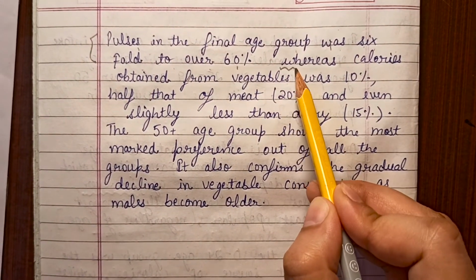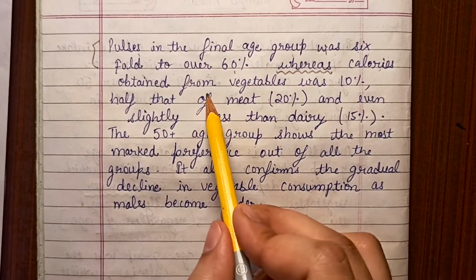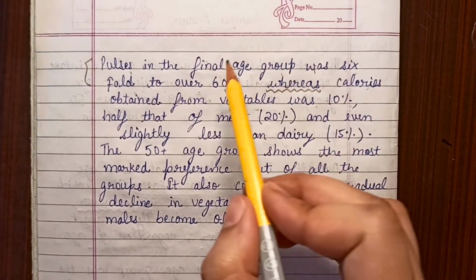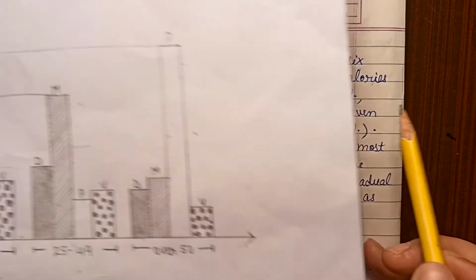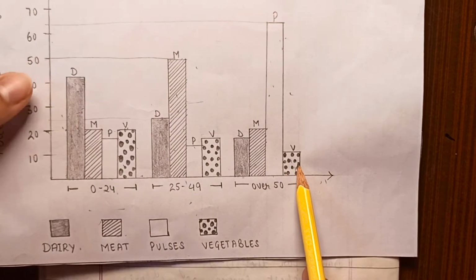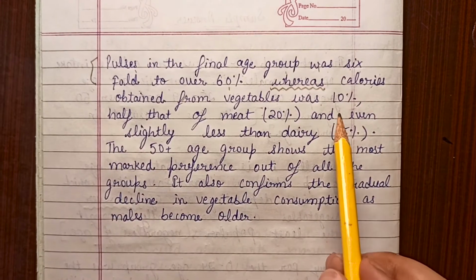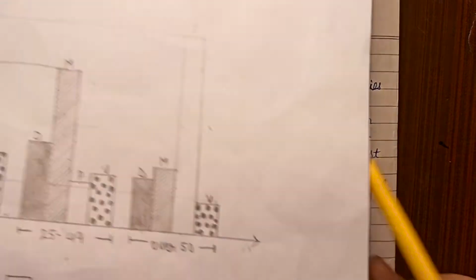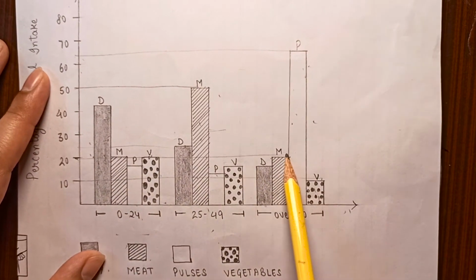Whereas, this is the connector of comparison, calories obtained from vegetables was 10%. What it means is that this was the highest and this was the lowest one. You can see here, vegetables was nearly 10%. Half that of meat, and I have compared the meat as well. Half that of meat, it means meat was 20%.